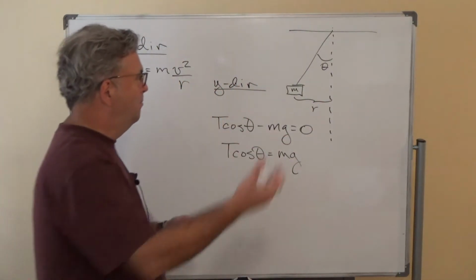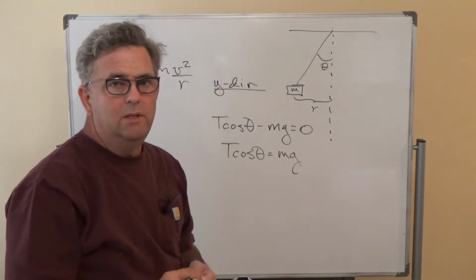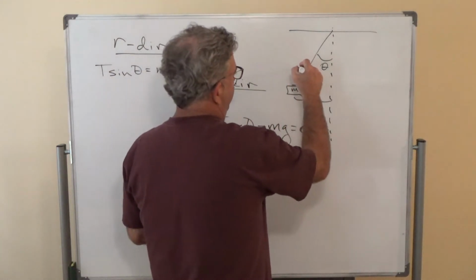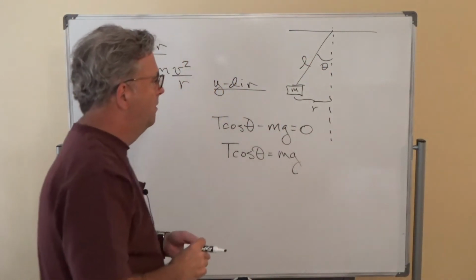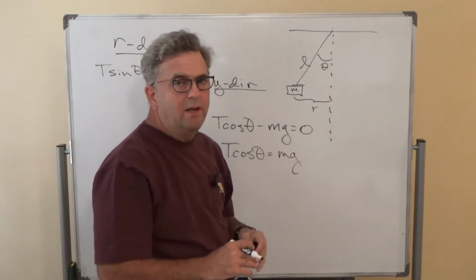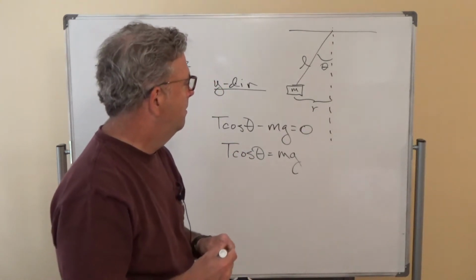Okay? If I'm looking from the top down, that would be the circle that the object is tracing out. Oftentimes you may be given this length L. You can find a relationship between R and L and theta. That's pretty simple. Okay.